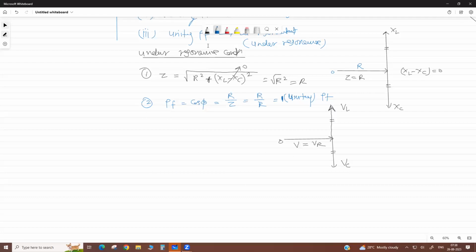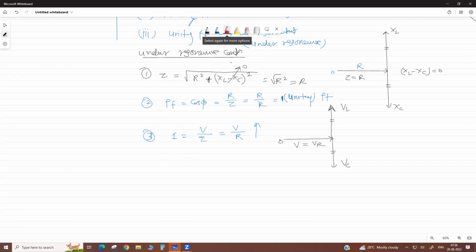In resonant condition, if you calculate current, current equals total applied voltage divided by the total impedance of the circuit. Applied voltage, and impedance is R only. So see, impedance is reduced, the current is maximum. Under resonance, current is maximum and Z is minimum.